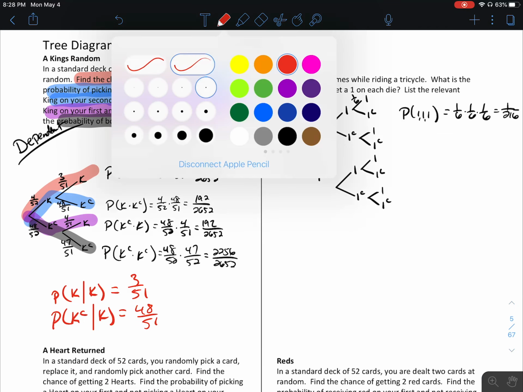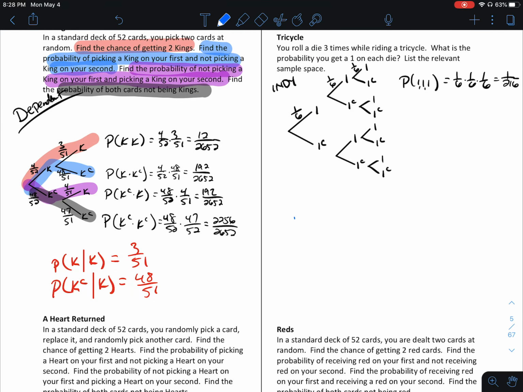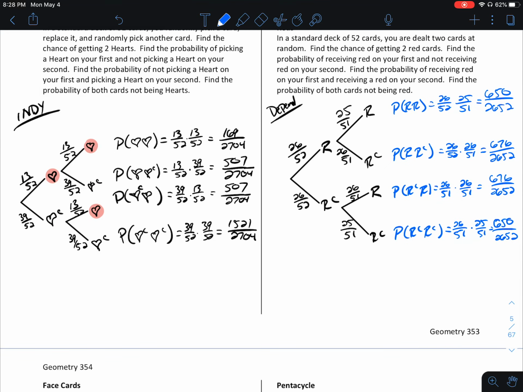I'd like you to add a few of these questions to the homework since I forgot to. On the tricycle one, I'd like you to find the probability of getting the complement of a 1 given that you got a complement of the 1 the first time. Probability that you get a 1 given that you got a 1 the first time. And for the heart returned, I'd like you to find the probability of getting a heart given that you got a heart the first time.